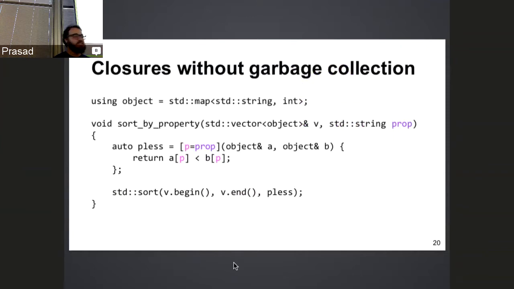And then I'm going to call std sort on the vector. And for the comparator that I pass in to say, here is how you actually compare two items and say whether one is less than the other, I'm actually going to compare the value associated with the key prop. Oh, can you actually tell that there's a difference in color between those two?